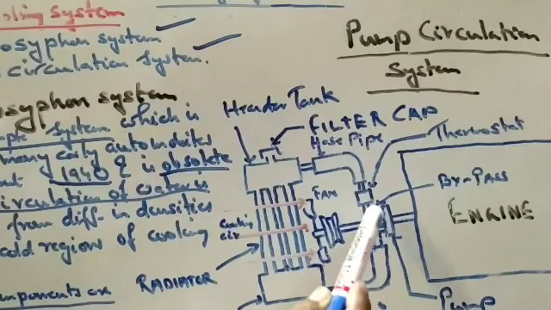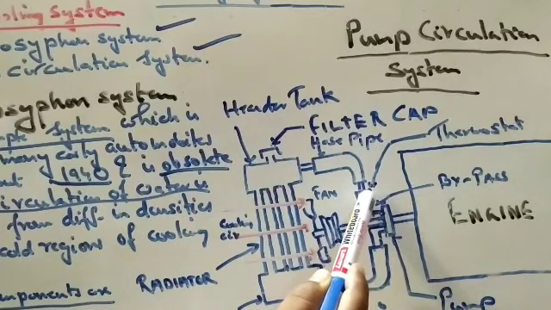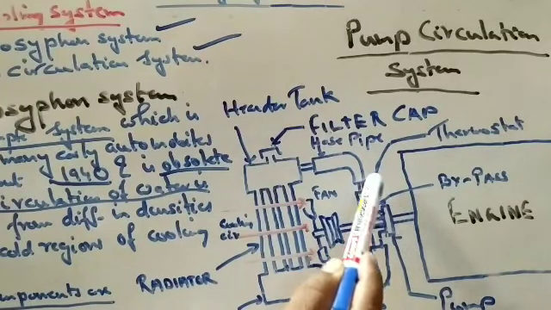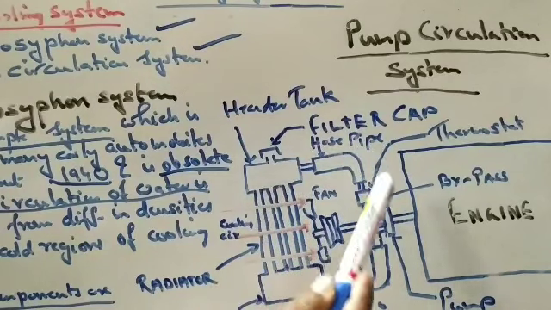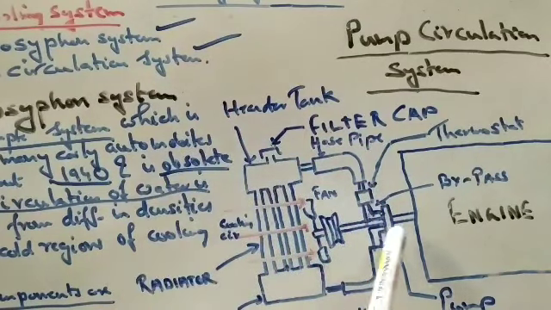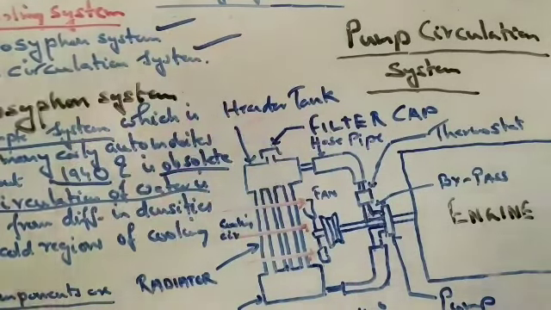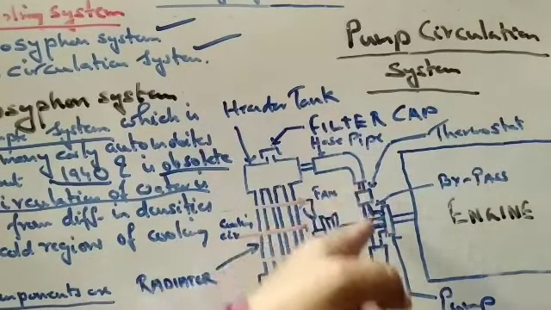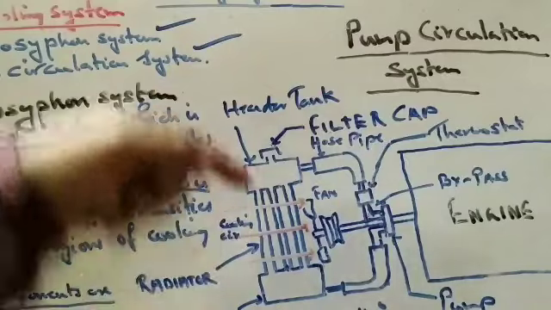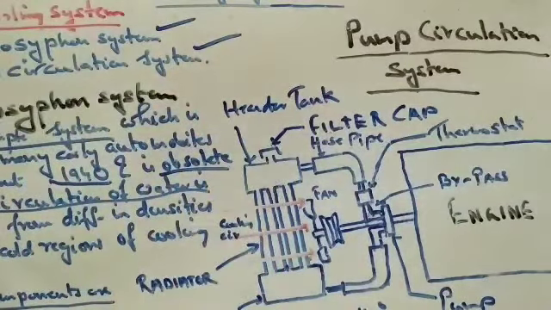That means the pump will be operating, but the water will not be allowed to flow to the header tank, and will be directed again to the engine until the temperature rises to 80 to 100 degrees centigrade. Then the thermostat valve allows the water to move to the header tank, and as it moves through the radiator, the fan and the cooling air pass and cool it and maintain the temperature.